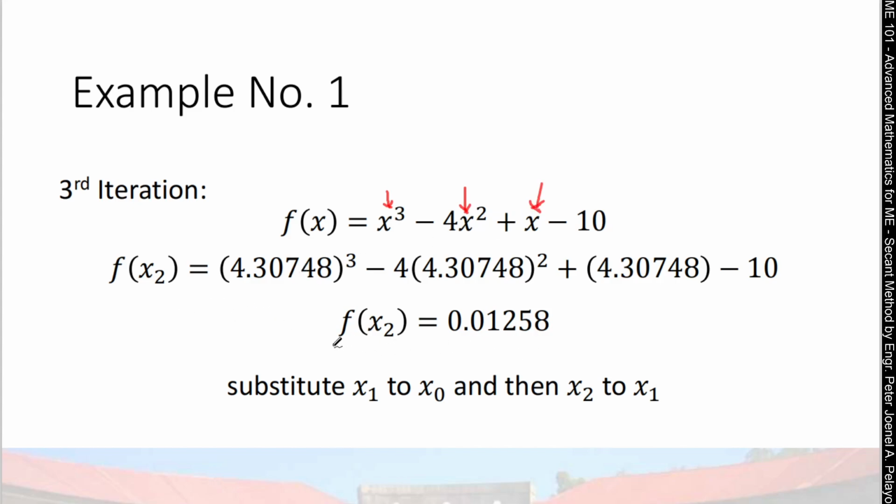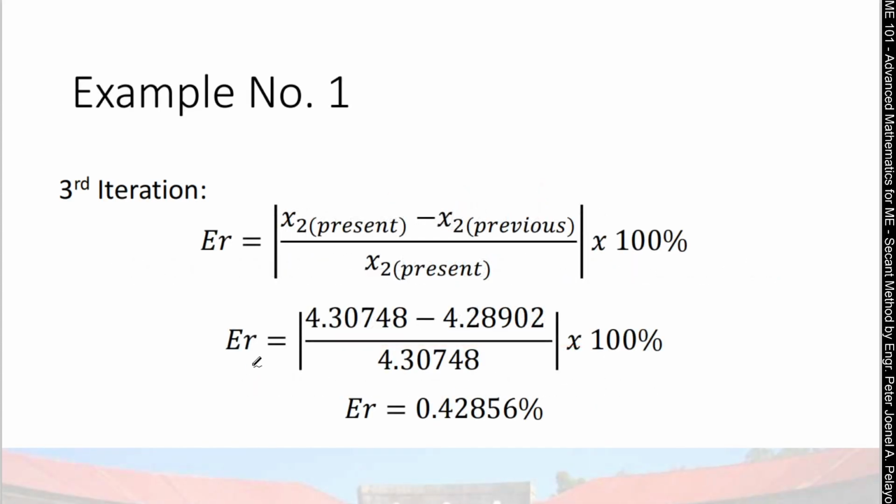So, f(x2) natin is 0.01258. For the third iteration, substitute x1 to x0 and then x2 to x1. ER, present minus previous over present times 100% with absolute value, is 0.42856%.